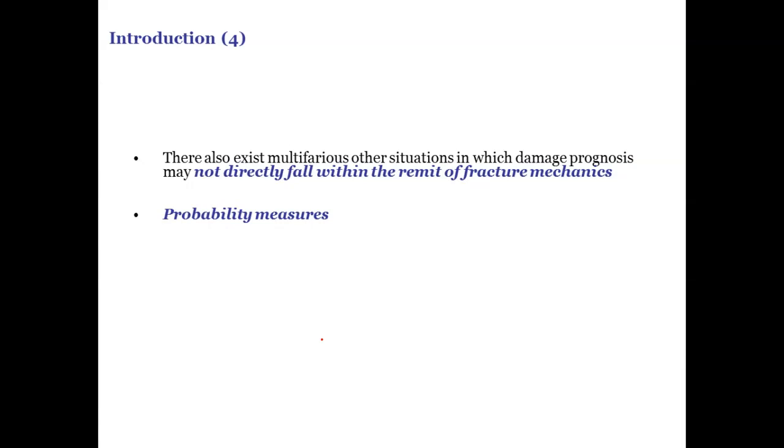Apart from these scenarios, there are many other scenarios where the question cannot be solved purely based on fracture mechanics, even if we have cracks developed in the structure. In all those scenarios, people typically use probability measures to deal with damage diagnosis and damage prognosis tasks.